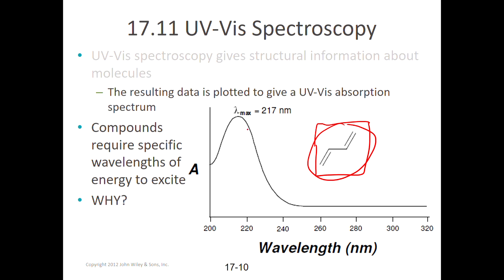And this shows at about 217 nanometers, that was the maximum amount of energy that was absorbed by this compound. And so the energy of that correlates to the energy of the HOMO to LUMO gap for the electron. So that means this must be the wavelength of light that was absorbed to cause that electron to jump up to the next energy level.